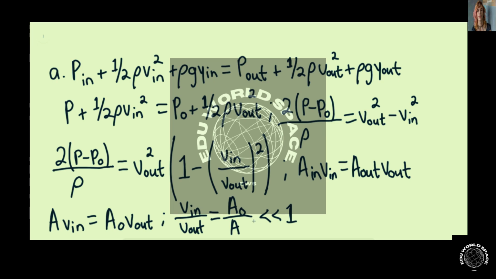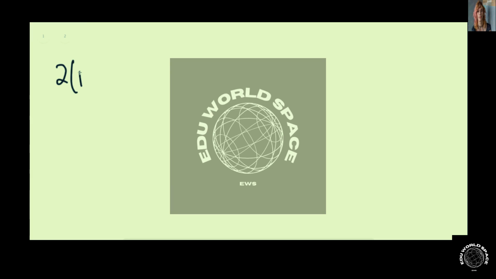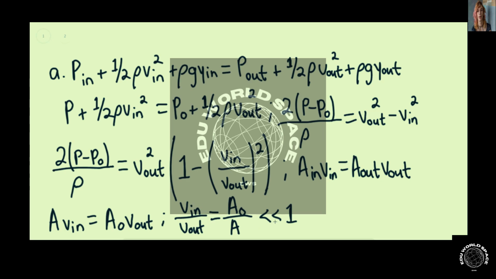And so we can now say that 2 times P minus P naught over the density rho is approximately equal to V out squared, because we know that this ratio is much less than 1, which essentially cancels out this term here.